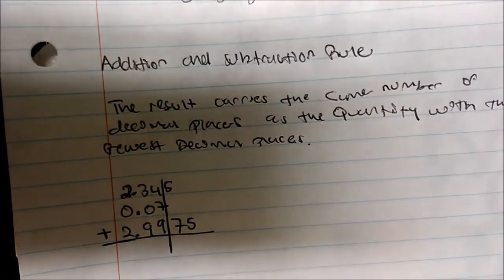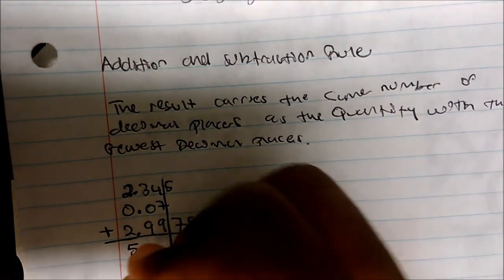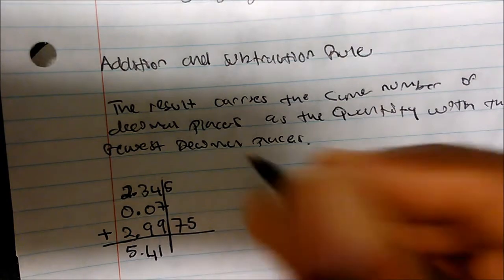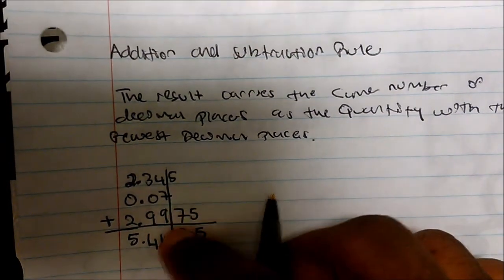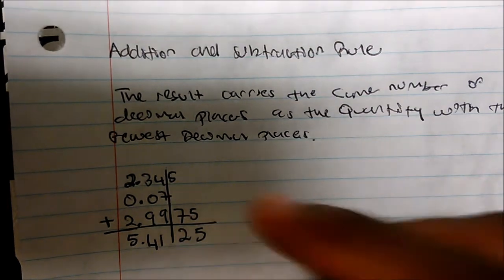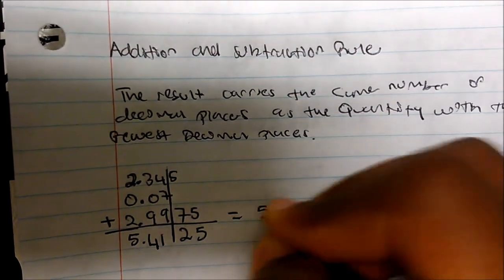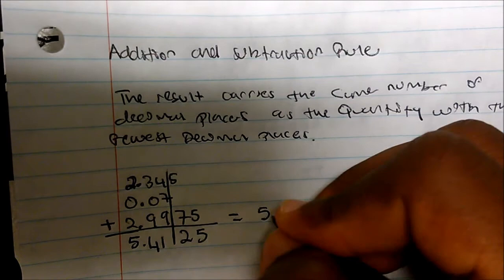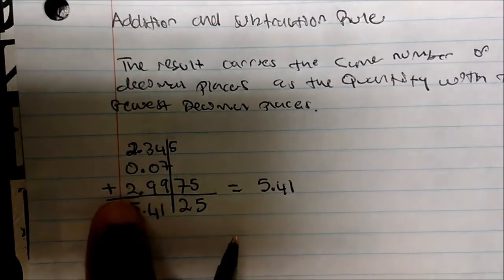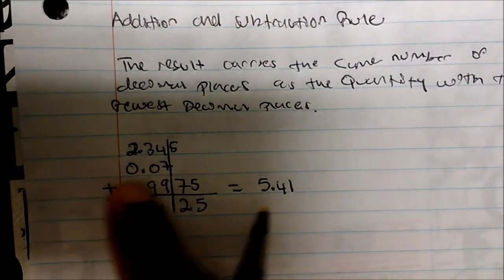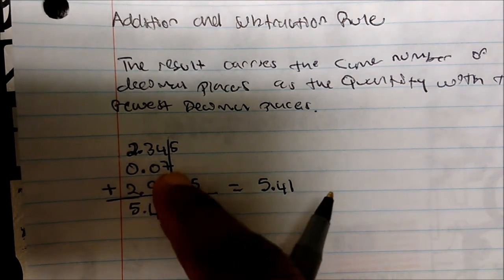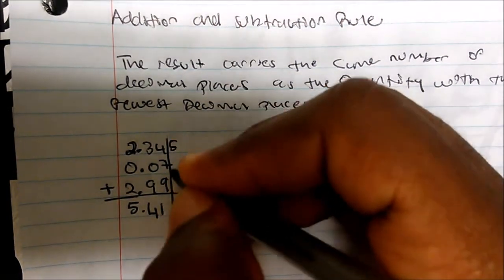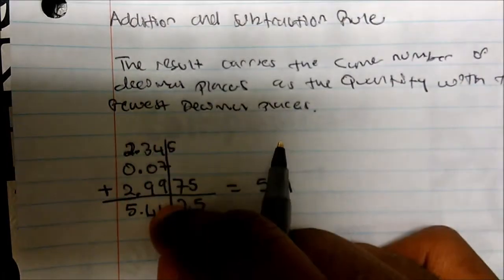When I add these together, I get 5.4125. Notice that my line cuts off this 25 here, and so my answer will only be 5.41. So whatever figure has the fewest decimal places, after its last digit, you draw a line there.